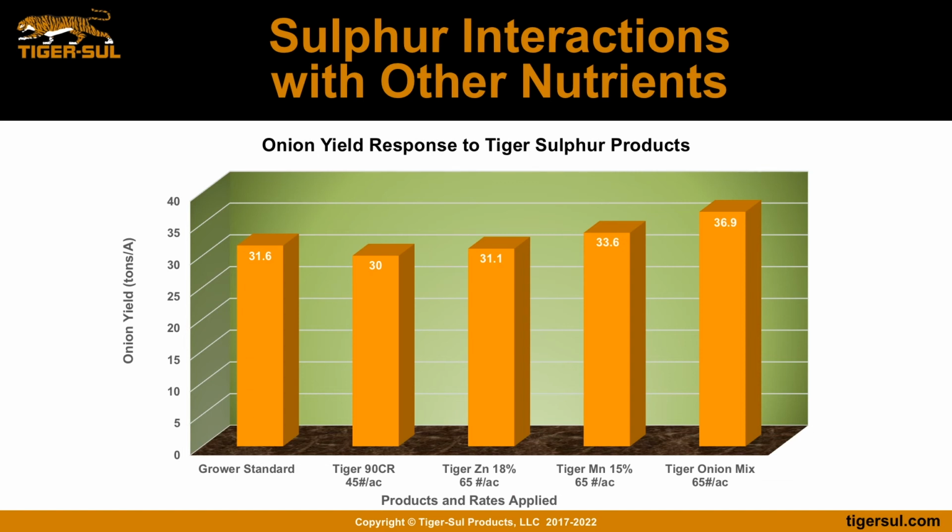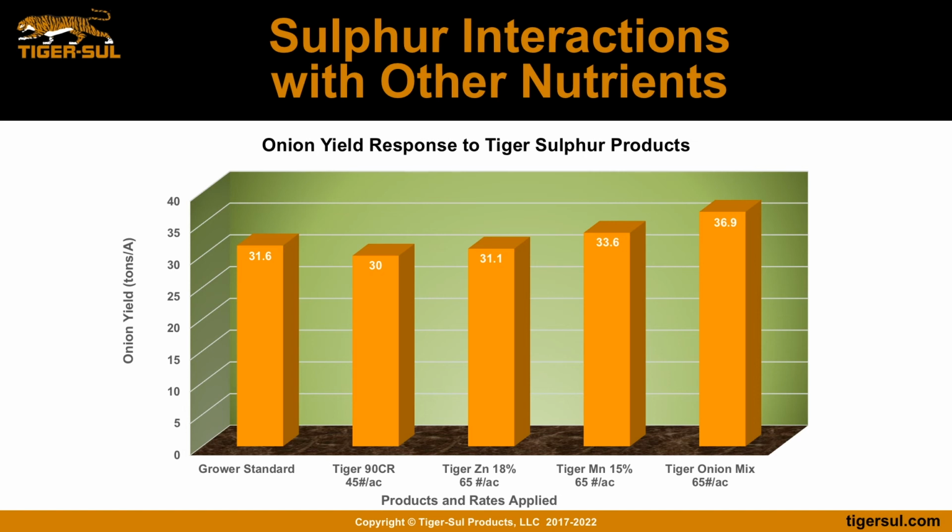This is an onion trial that's also in the process and has not been terminated. Here again, this was conducted in a grower's commercial production field using his normal production practices, excluding sulfur and the micronutrients in question.